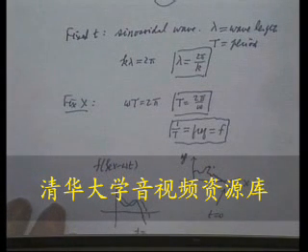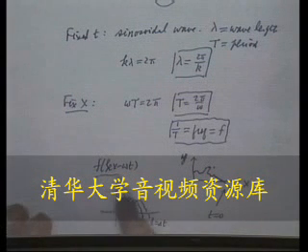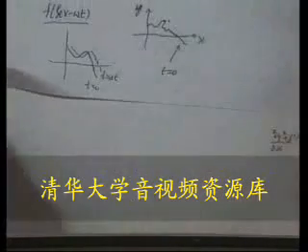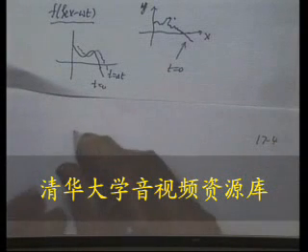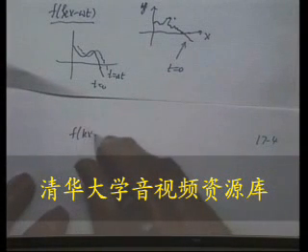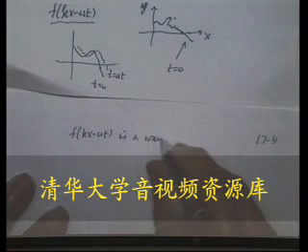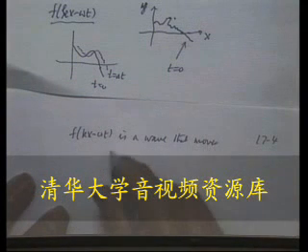这是在 t 等于0，这是在 t 等于一个 delta t。In other words，这个整个的 wave 是向这面走。Now the f of kx minus omega t is a wave that moves to the right.